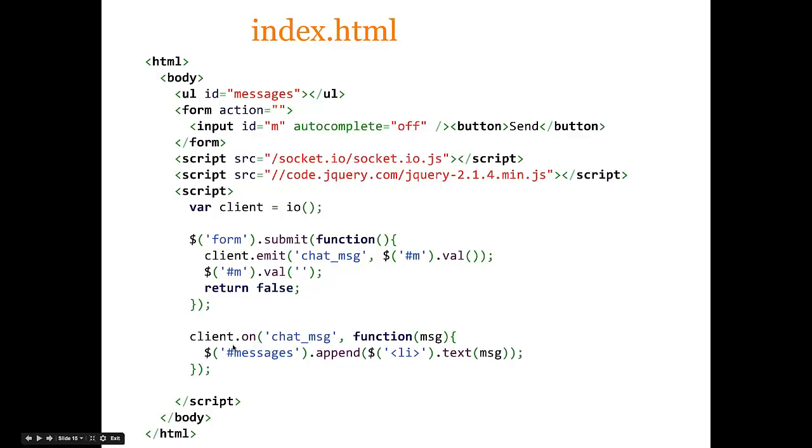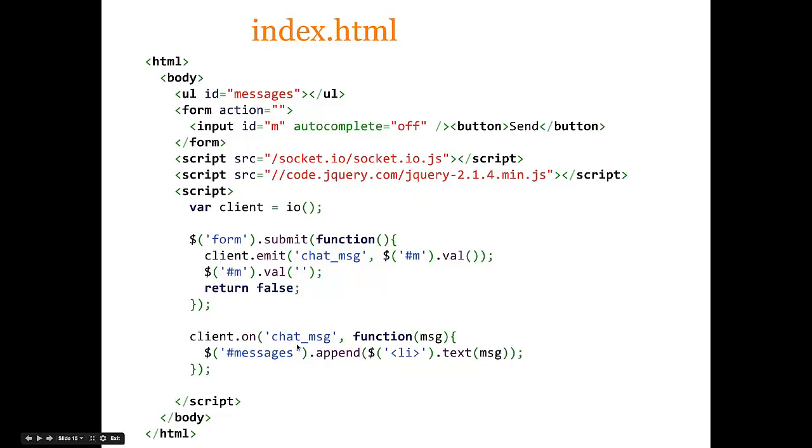So this is the client waiting for an event called chat message, waiting for that event from the server. When it gets that event, it invokes this inline anonymous function. What does it do?